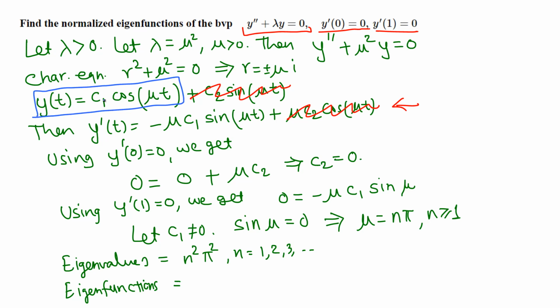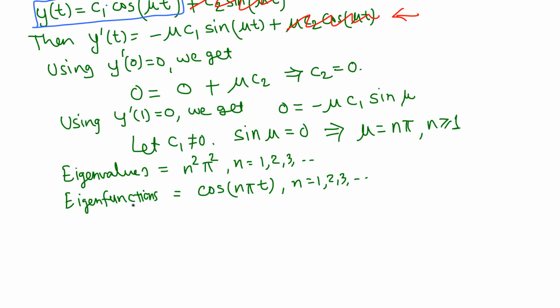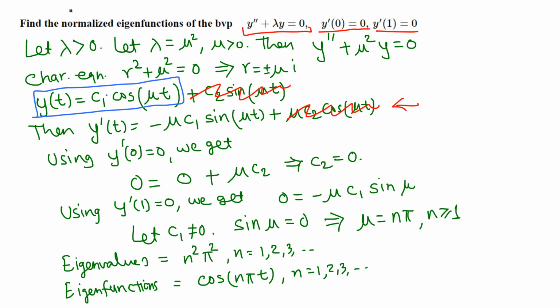Okay, the solution is y. c1 is an arbitrary constant, we can get rid of that, so cosine mu t, where mu is n pi, so cosine n pi t, where n is 1, 2, 3, etc. Okay, we need to normalize them, so let's see if we have any more eigenvalues and eigenfunctions. Okay, so we considered the case lambda positive.